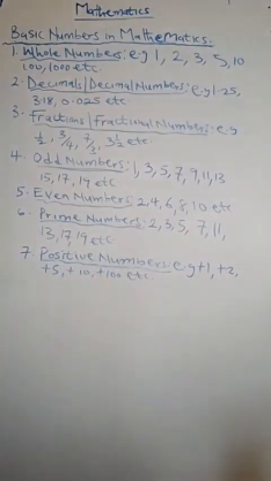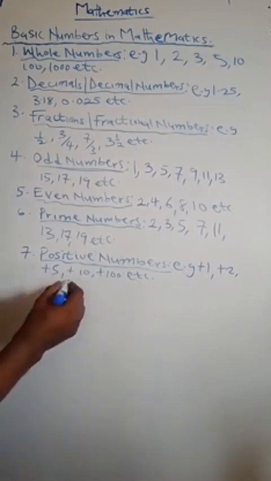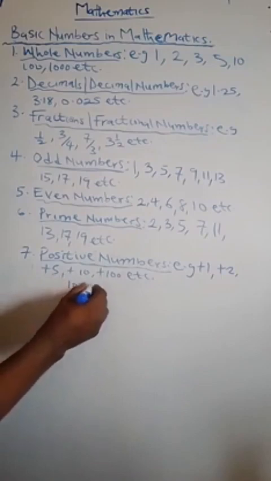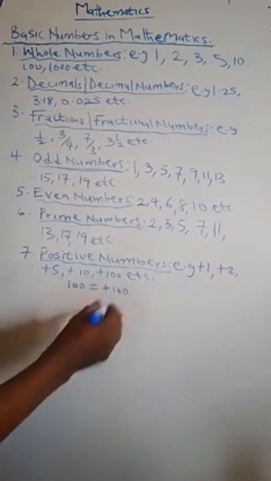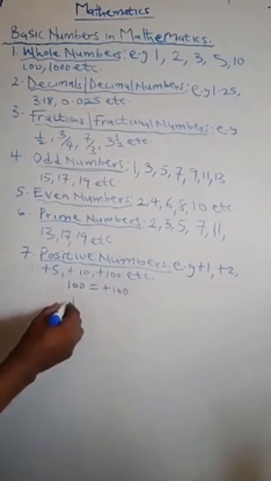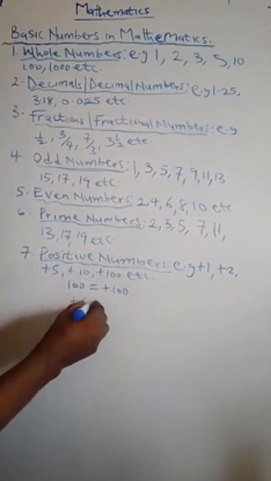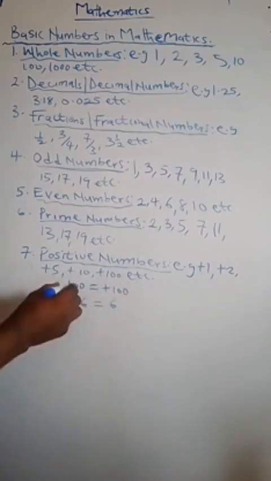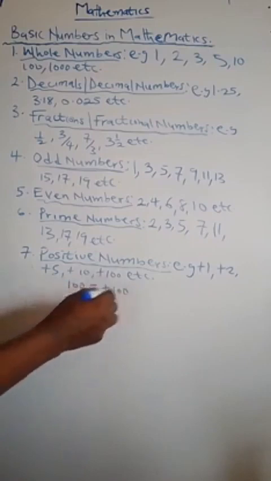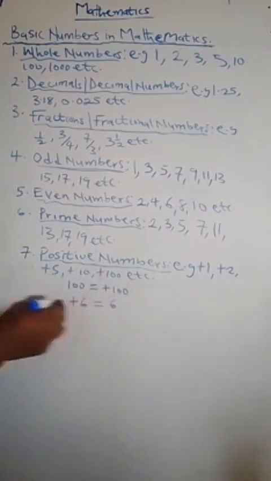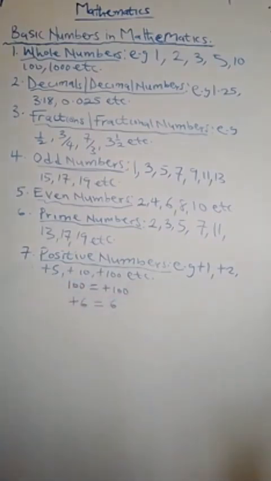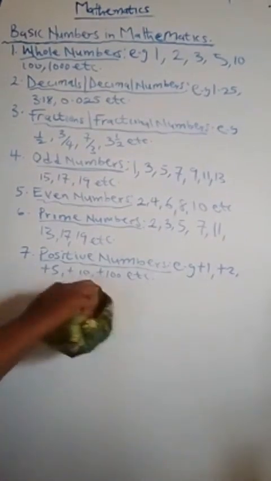All these are positive numbers. Note under this, any number in its natural state is also a positive number. E.g., 100 is the same thing as +100. Likewise, +6 is the same thing as 6. So 100 is the natural state of +100. 6 is the natural state of +6. Please take note of that.